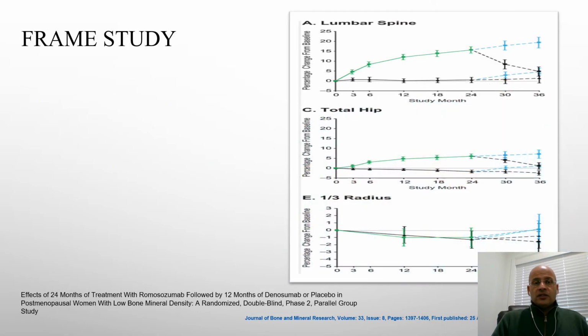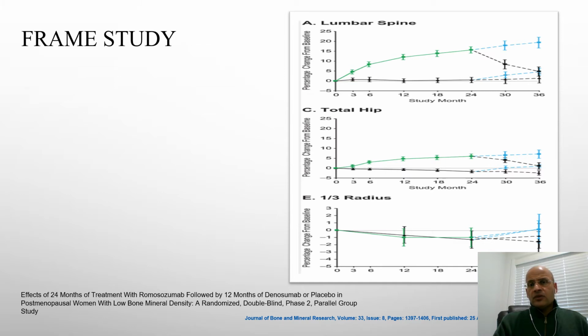The FRAME study is the pioneer study that looked into the effectiveness of romosozumab against control, and clearly it was very effective in the lumbar spine, less effective but nevertheless still significant on the hips, and not so much on the radius.